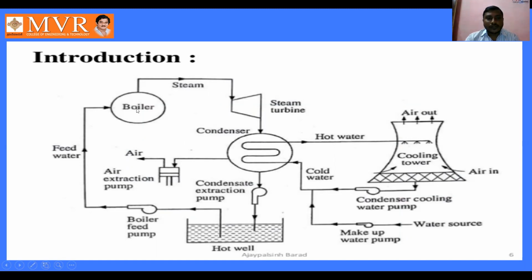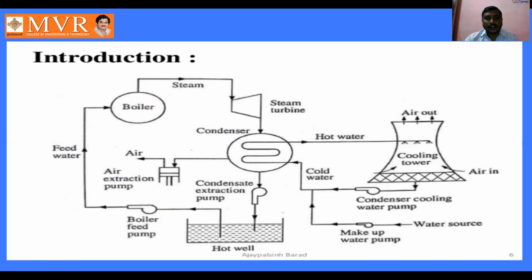When we feed water into the boiler, it converts the feed water into steam, and the super saturated steam enters into the steam turbine where the work takes place. Then the hot steam enters into the condenser with high pressure and high temperature.